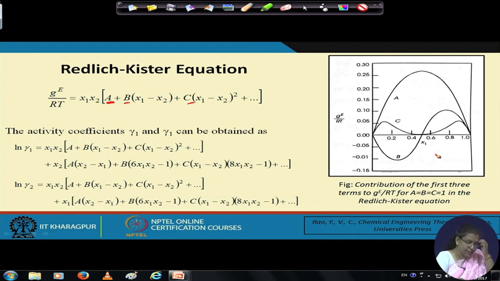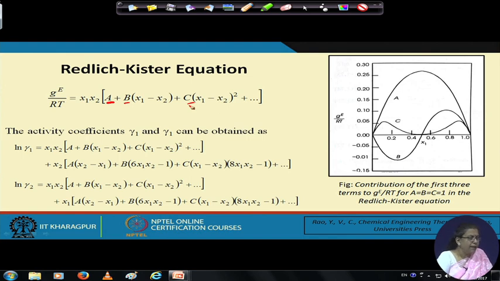Here we see that the first term is the contribution to excess Gibbs free energy due to 2 body interactions of molecules of unlike components, and the second and third terms refer to the 3 body interactions of unlike molecules.